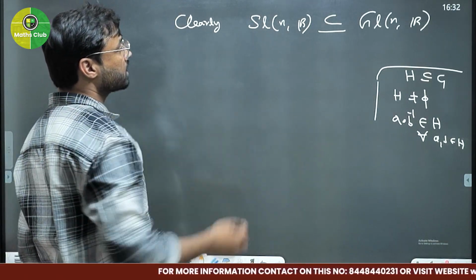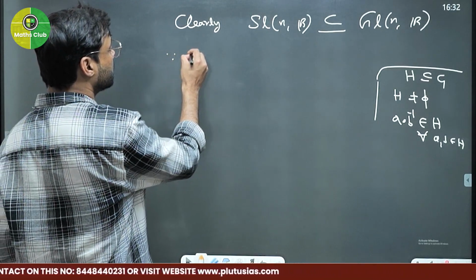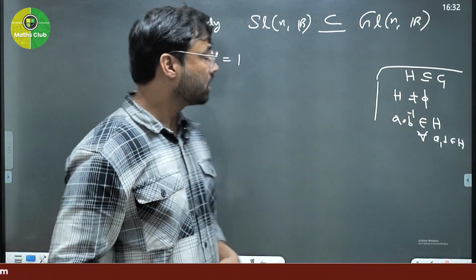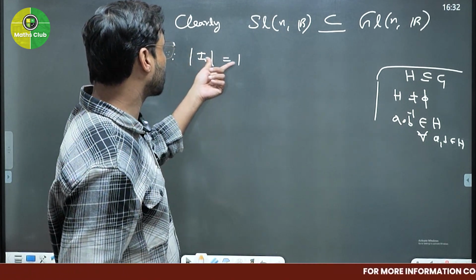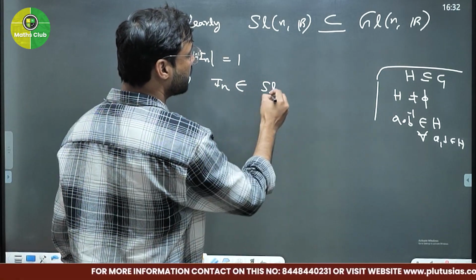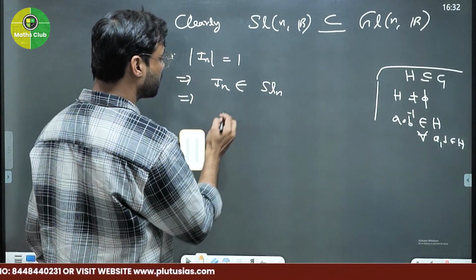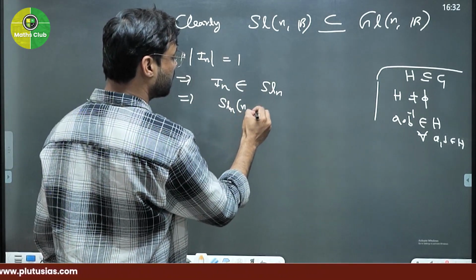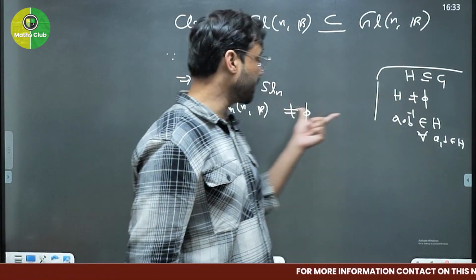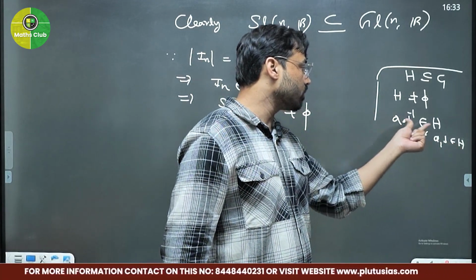So first we will see whether this is non-empty. Since determinant of I_n equals 1, the identity matrix of order n belongs to SL, and that implies SL(n,R) is non-empty. Second, we have to show that for each A, B belonging to H, AB inverse also belongs to H.